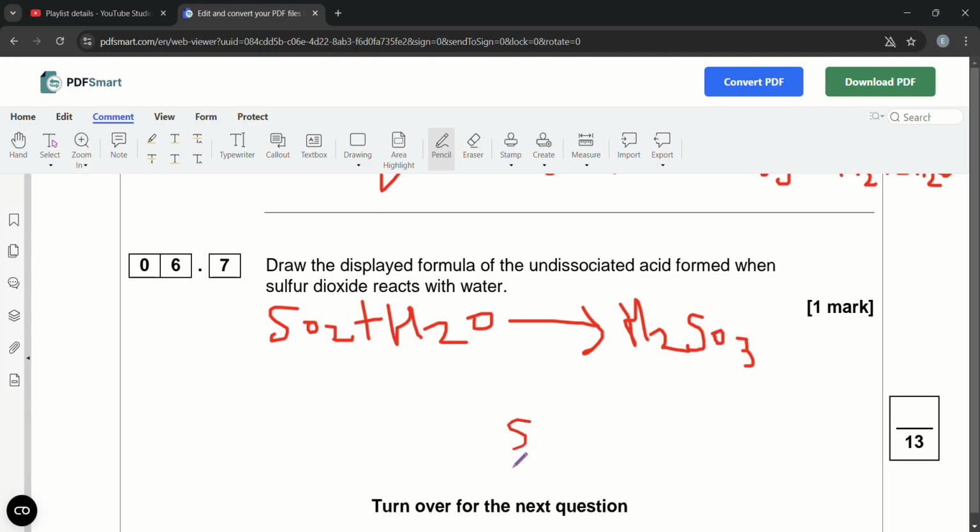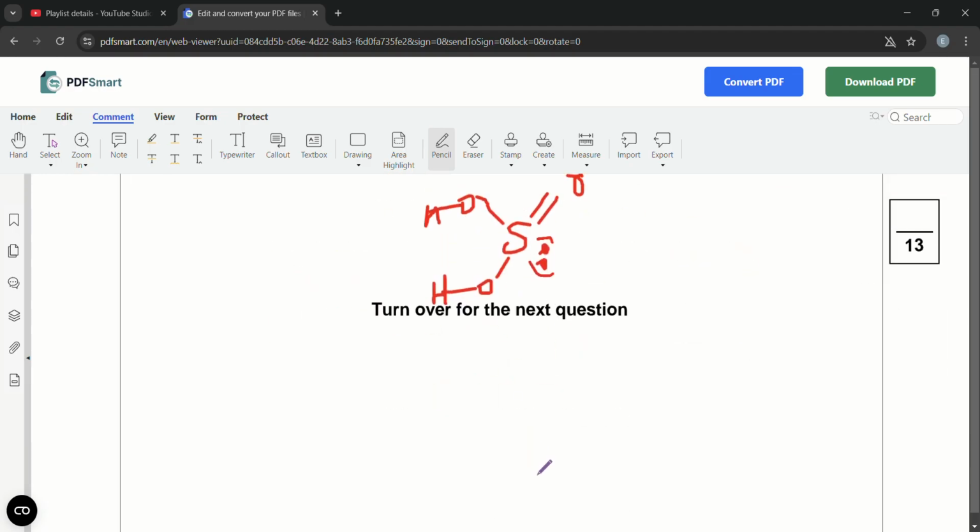It's going to be S double bond O, and because it's not H2SO4, it's going to have a lone pair of electrons, and it's going to have two OH groups, H2SO3. And this could be in brackets. And that is the end of question 6.